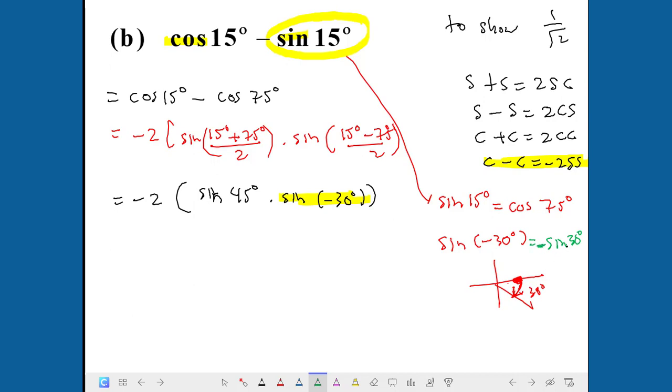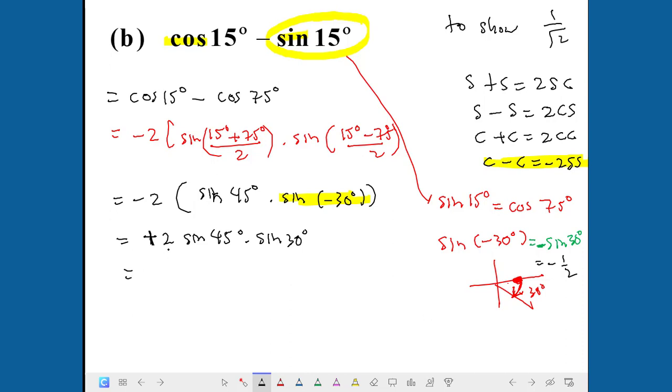So you can find this one is equal to negative half. So it is negative 2 sine 45 times sine of negative 30, which is negative half.